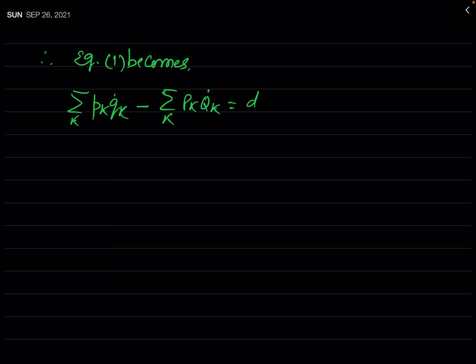Therefore equation 1 becomes summation over k pk qk dot minus summation over k capital Pk capital Qk dot, and this is equal to dF by dt.